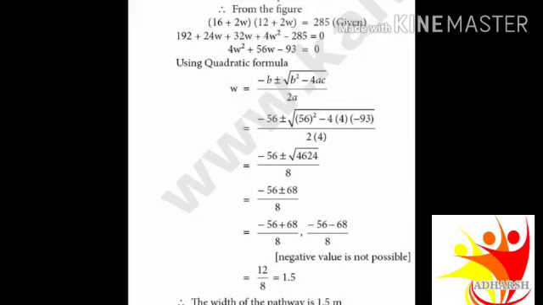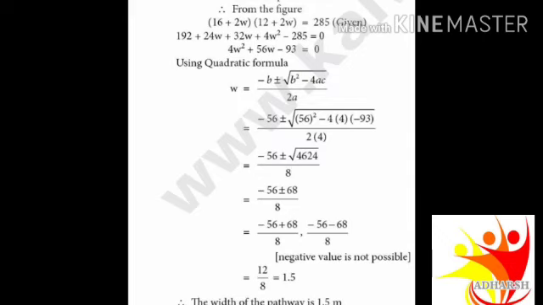Change the equation to equal 0 by subtracting 285. Simplify the equation: 4W square plus 24W plus 32W, that equals 56W, minus 192 minus 285, that is minus 93, equal to 0.